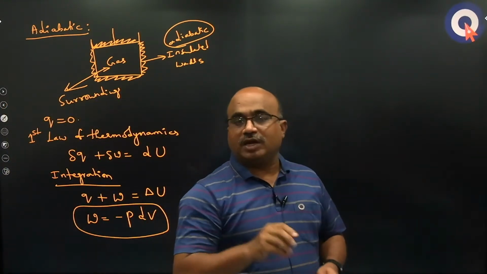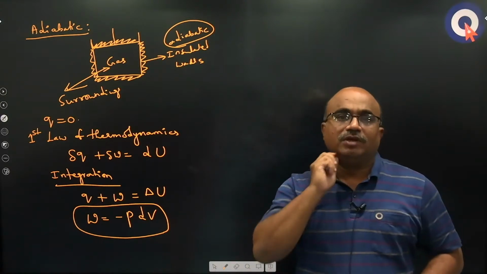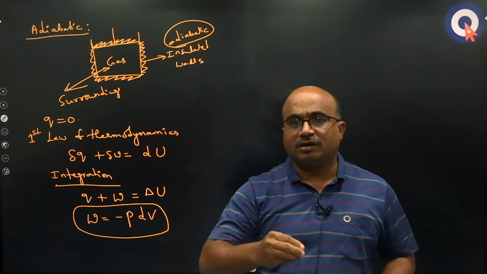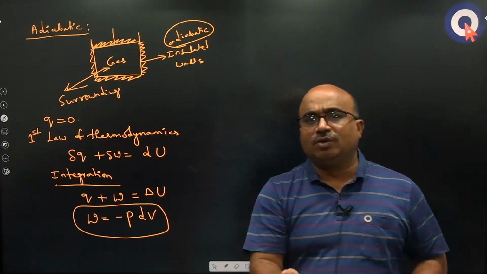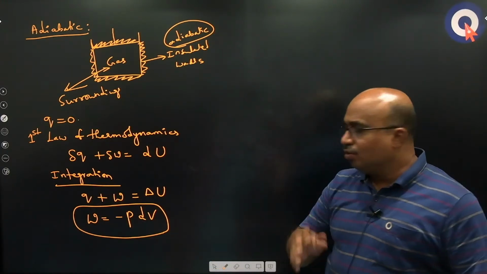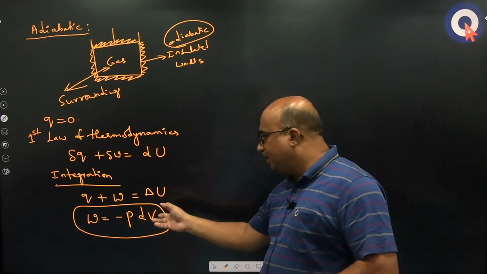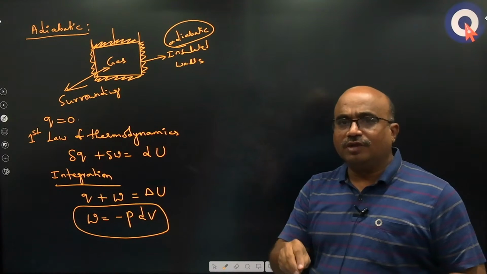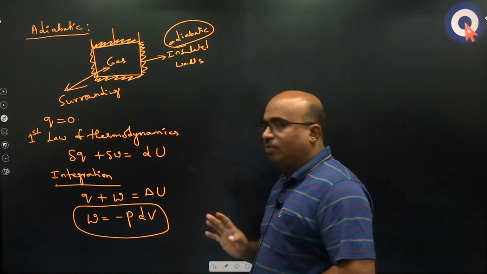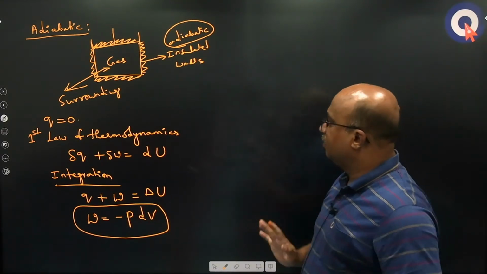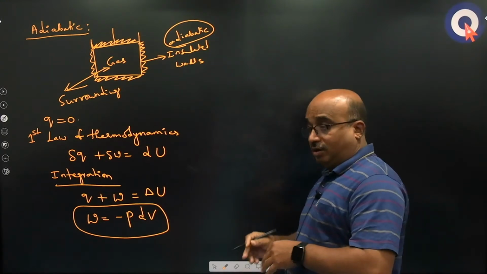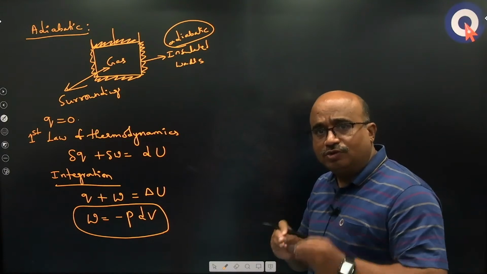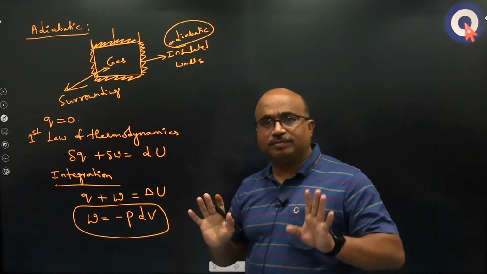When work is done, there is some energy consumption, and we usually represent it as minus of P dV. In physics, you will see this as W is equal to P dV. But in the chemistry convention, we use minus of P dV.